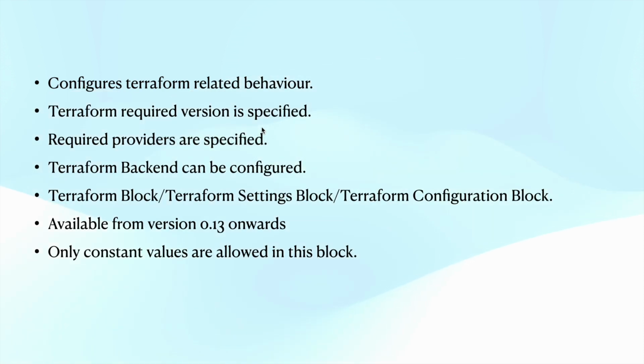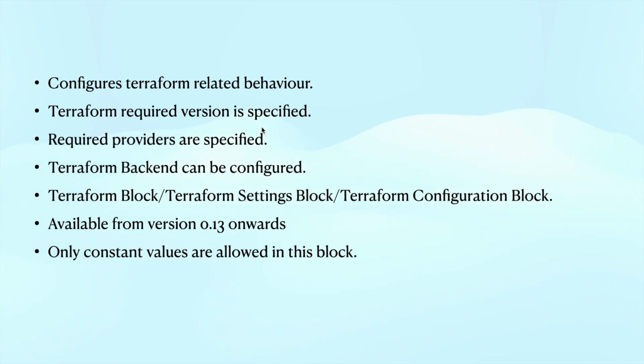The other thing that we can configure is the providers. Now providers are the heart of Terraform. They help Terraform connect with the different systems that we want to provision, which means if I'm provisioning some resources on AWS, there will be a provider called AWS. Similarly, if I am provisioning some resources on Azure, there will be a provider for Azure.